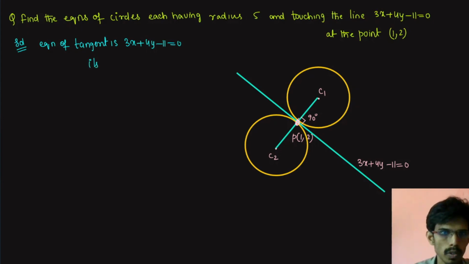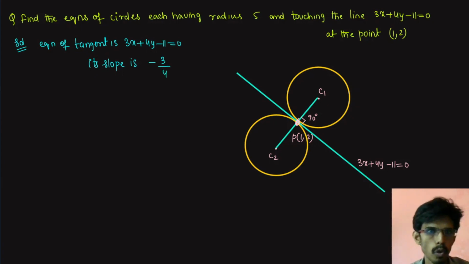Its slope is negative of coefficient of x by coefficient of y, that is, minus 3 by 4. Let us take this as slope m1.